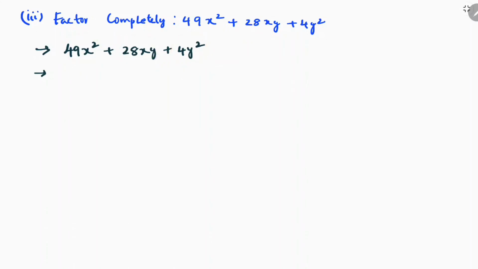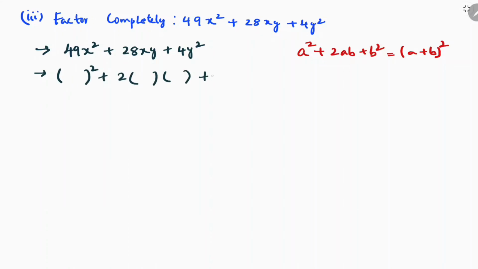If it is in this form, a square plus 2ab plus b square, we can write it as (a plus b) whole square. So we'll check whether 2ab will fit or not. First I'll write the empty a square plus 2ab plus b square. Here 49 is 7 square, so 7x, and 4y I'll write as (2y) whole square. Now a is 7x and b is 2y.